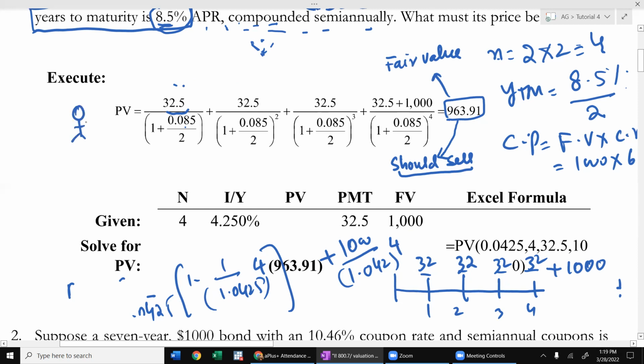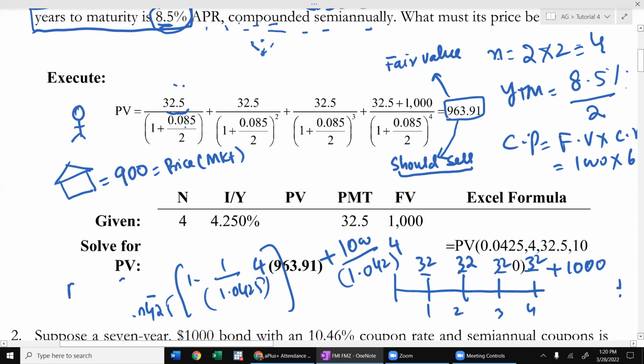But the market situation could be different. Let's say in the market this bond is selling at 900. This is the market price. Will you buy that? In your mind, because you have learned financial mathematics, you know that you can calculate the value of anything.